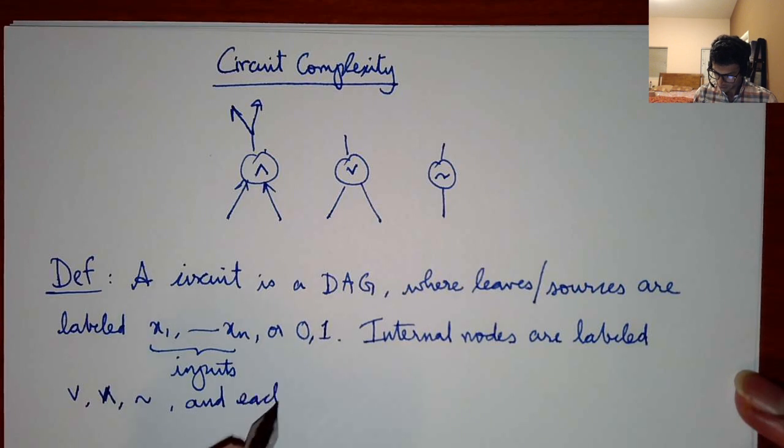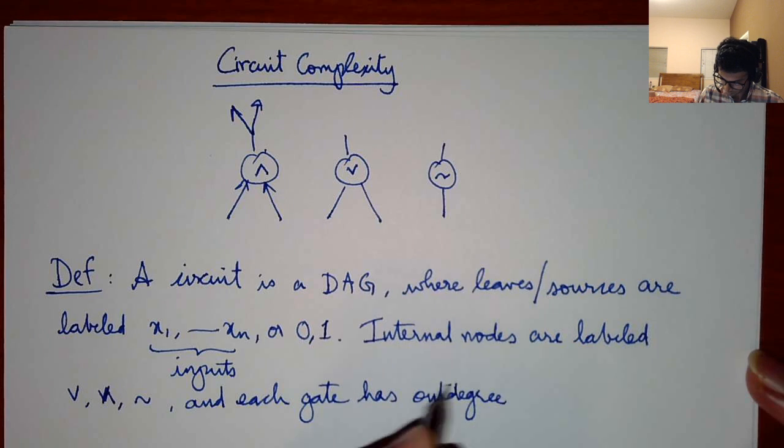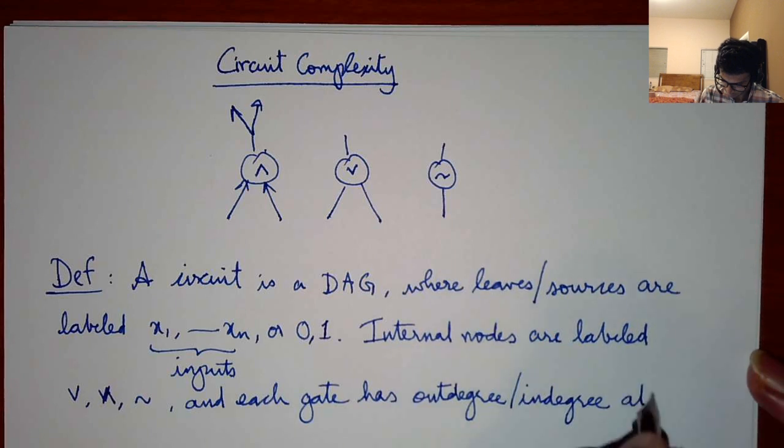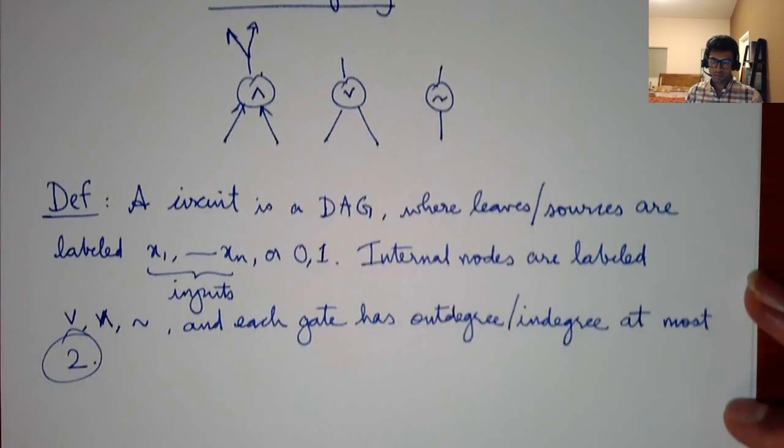And each gate has both in degree and out degree at most 2. So what's key is that it's at most 2, right?